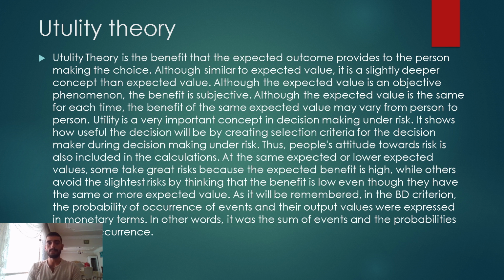Some take great risks because the expected benefit is high, while others avoid the slightest risks by thinking that the benefit is low, even though they have the same or more expected value. As it will be remembered in the BD criterion, the probability of occurrence of events and their output value were expressed in monetary terms. In other words, it was the sum of events and the probability of their occurrence.